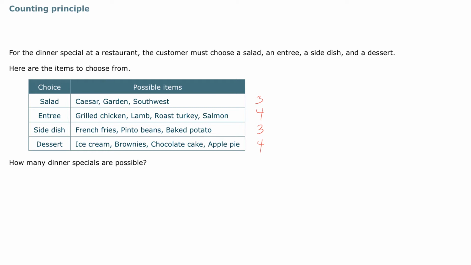So let's let n be the number of dinner specials, and we're simply going to take 3 times 4 times 3 times 4, and that's 12 times 12, which is equal to 144 dinner specials. That's a lot of dinner specials.